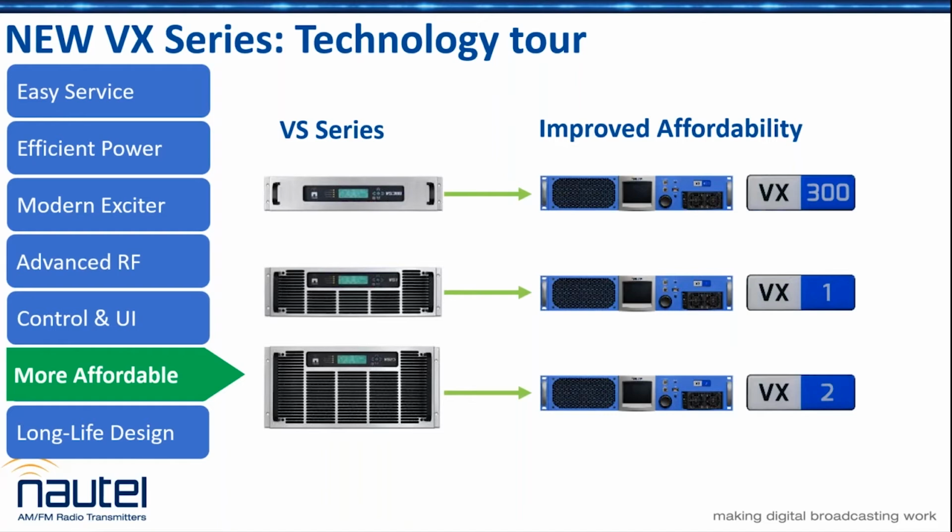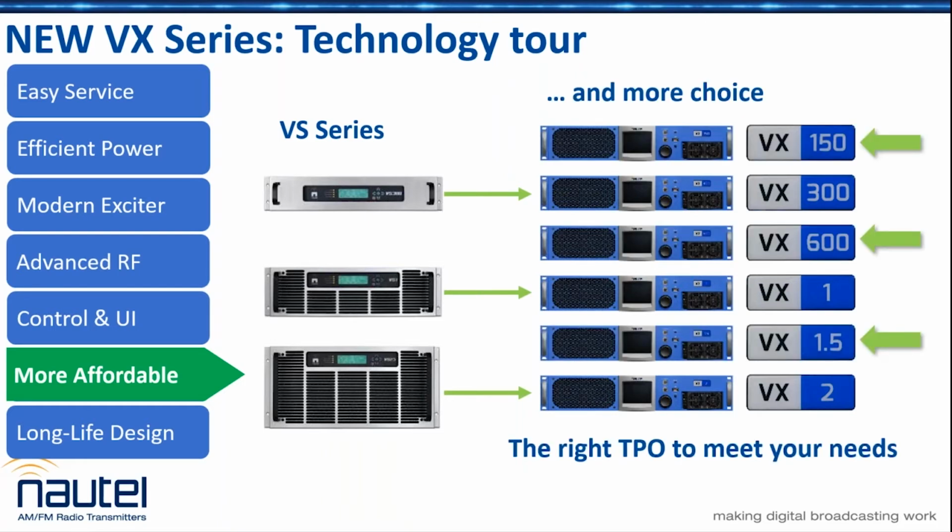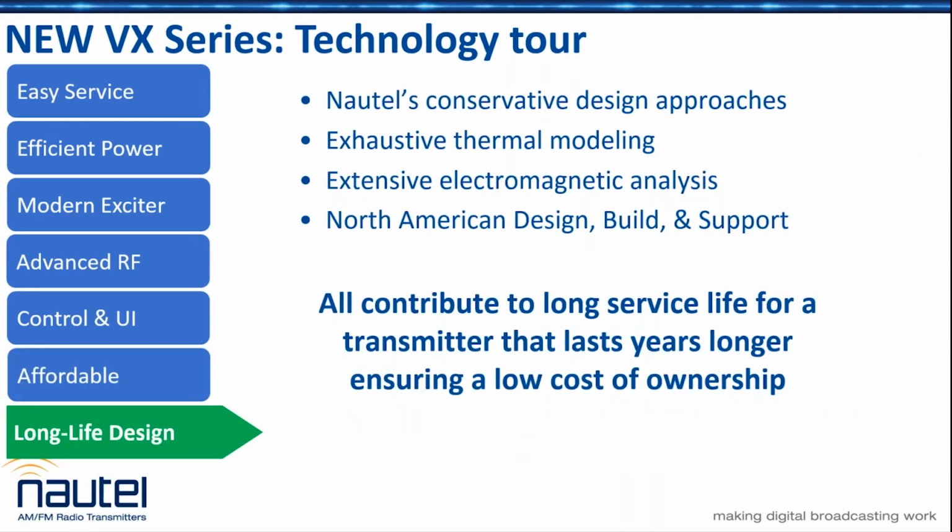Obviously, there's the VS 2.5 relating somewhat to a 2, but we have those. But then we've also filled in. We've added the 150. We've got a 600. We've got a 1.5. So that's pretty exciting to have some extra ones there. It allows you to buy the power level you need, as opposed to, oh, well, I'll get a 300 even though I only want 150.